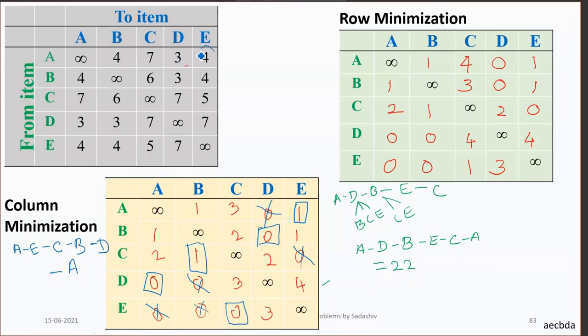A to E is a 4. Next one, 4 plus 3 plus 6 is 13, 13 plus 3 is 16, 16 plus 5 is 21. This is giving 21.